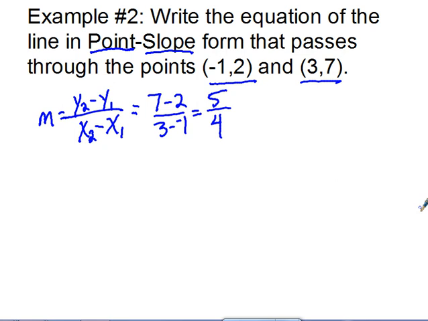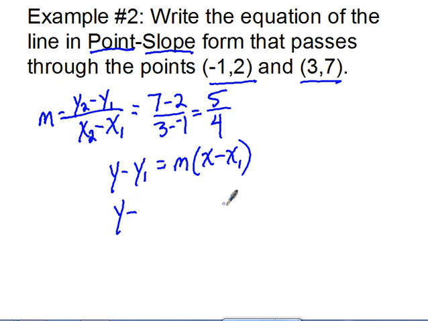Now that we have our slope, we can use our point-slope form: y minus y sub 1 equals m times the difference of x and x sub 1. Simply plugging in values for x1, y1, and m: y minus... and now we get into a little conundrum. We know two different points, and remember, I said that any point on the line works, so you could really use either one of these two points.